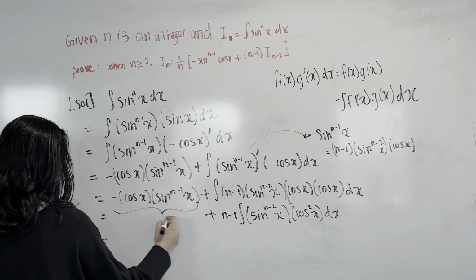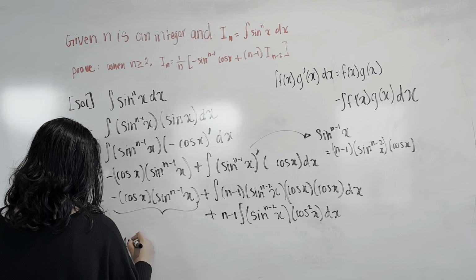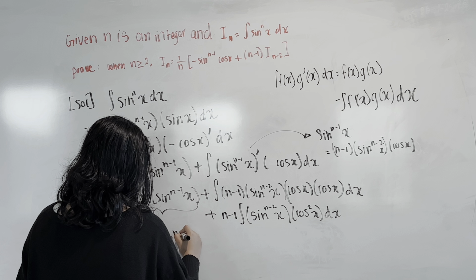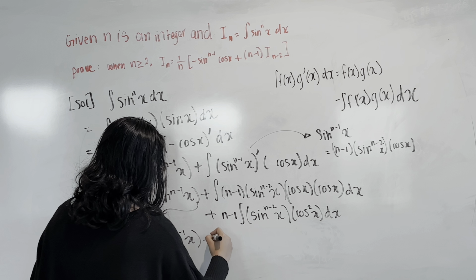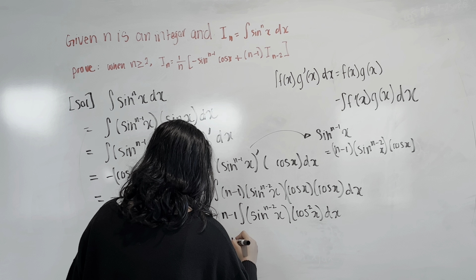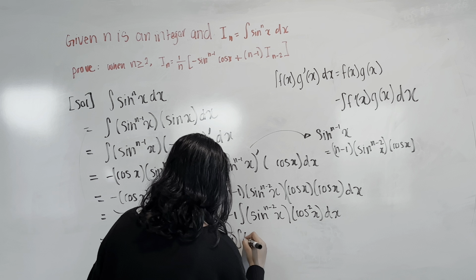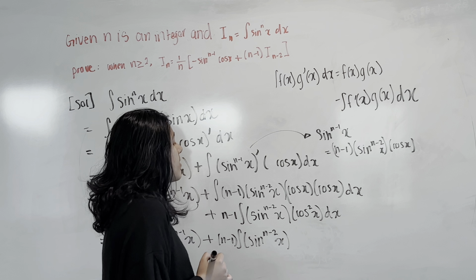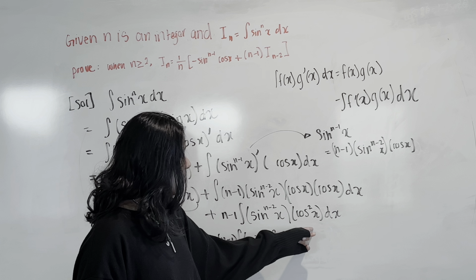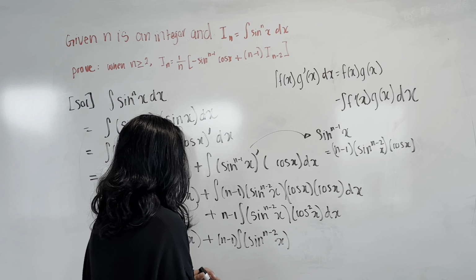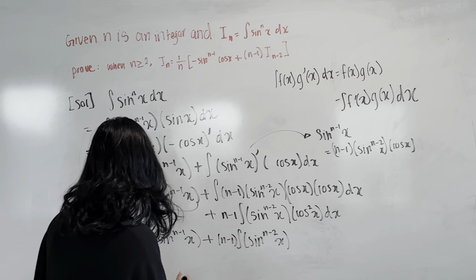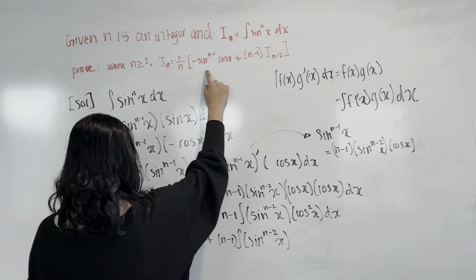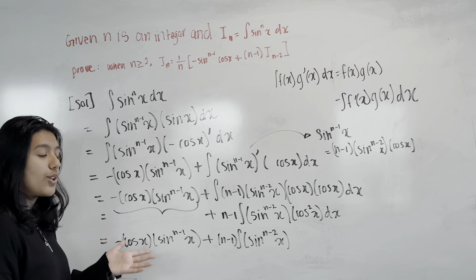And now I'm just going to rewrite this: cos x sine to the n minus 1 of x, plus n minus 1 times the integration of this dx. And now I'm going to convert this in terms of sine. And you will know why, because I'm not sure if you noticed just yet, but this is actually equal to this right over here. So we're getting close.